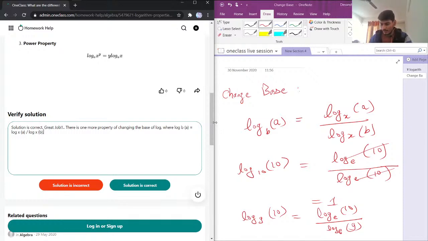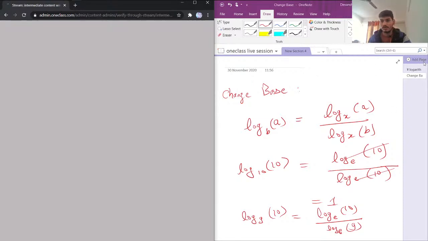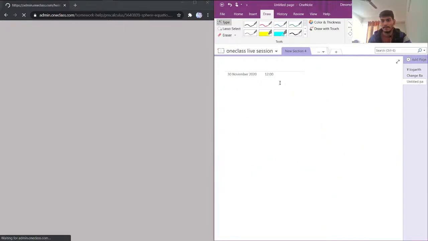So yeah, that was pretty much for log. The solution is correct. We'll go to the next page.